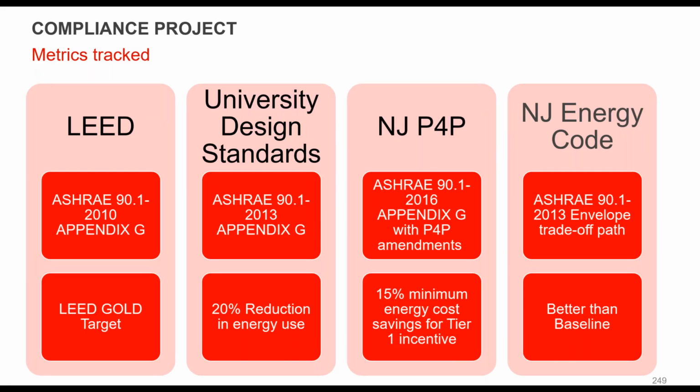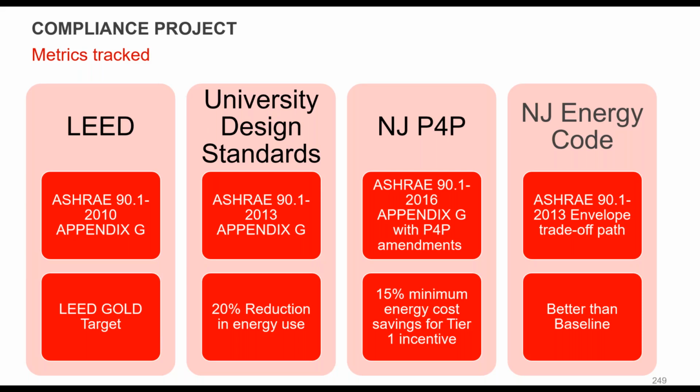And so for LEED, we're looking at LEED Gold, energy design standards, 20% reduction below the Appendix G 2013 of 90.1. New Jersey pay for performance is looking for 15% minimum energy cost savings beyond 90.1 2016.